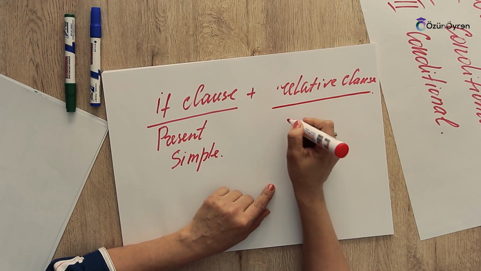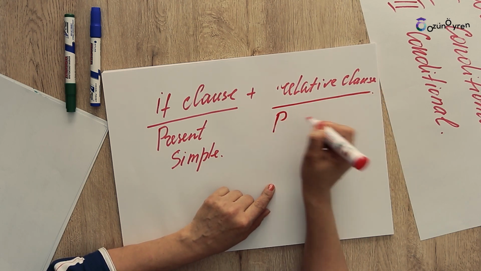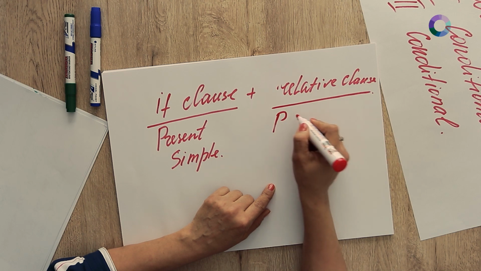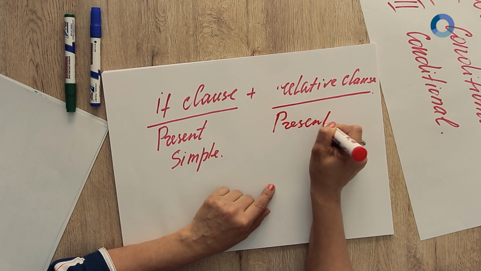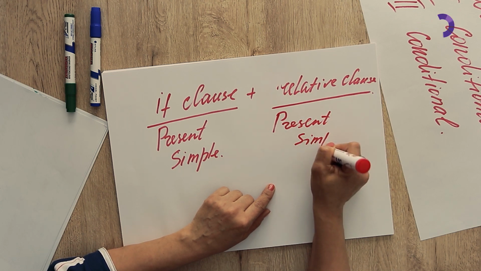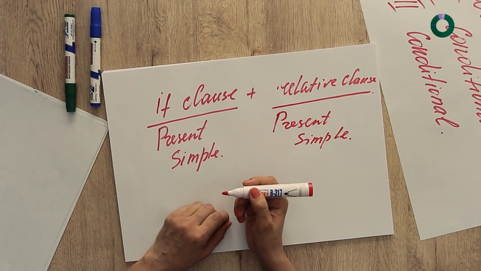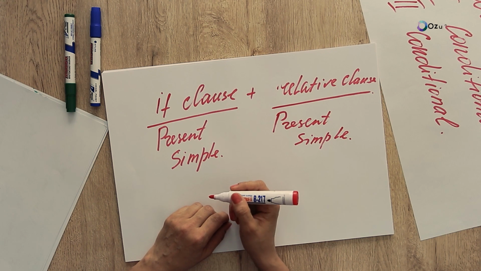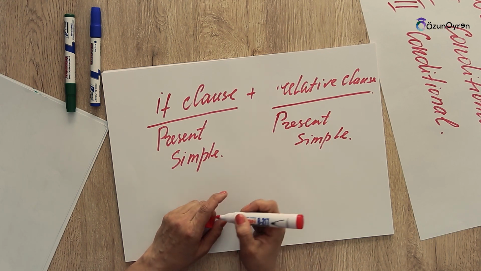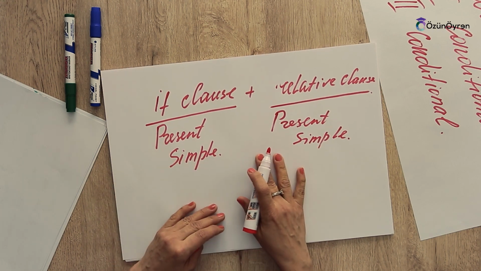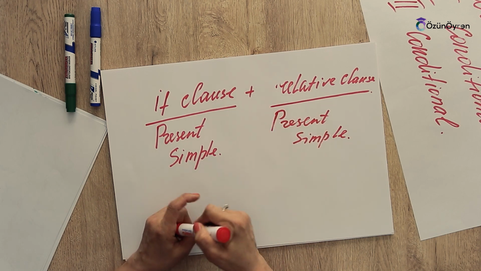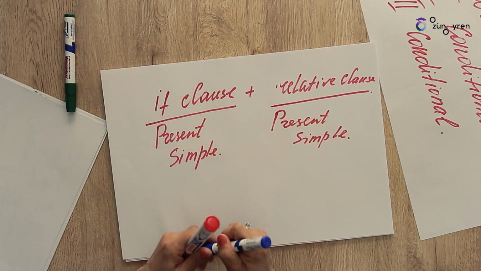The relative clause will be the same tense, present simple. The if clause can be either the first or the second part of the sentence. So we can change the if clause and the relative clause.